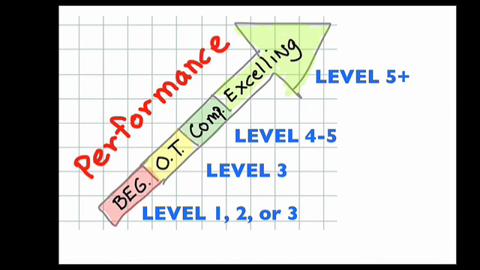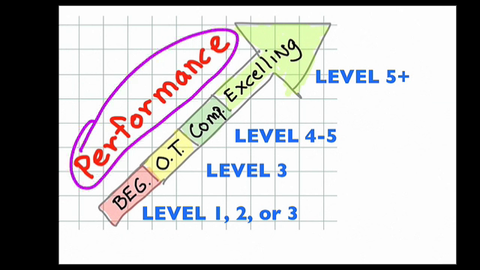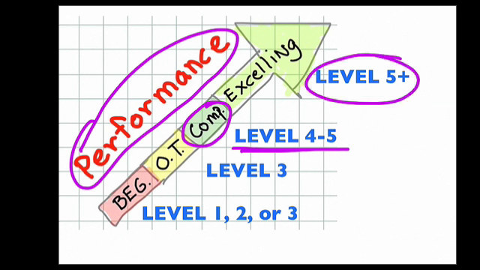So if we look at level of performance, competent is at level 4.5, and if you're above level 5, you're excelling at doing engineering. On track is level 3, and not yet or beginner is level 1, 2, or 3.